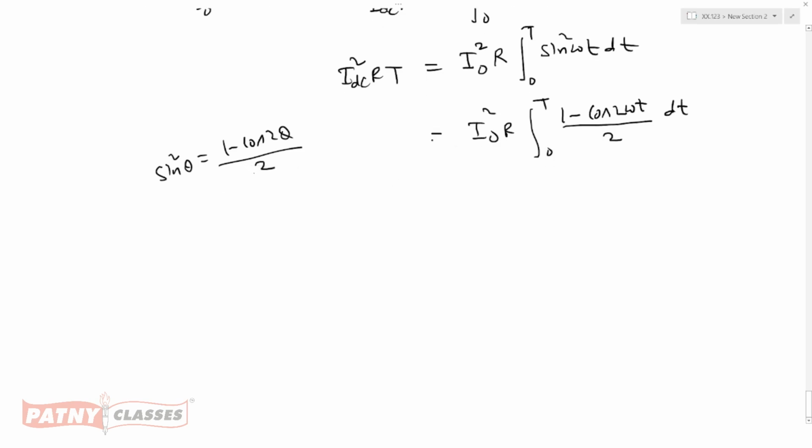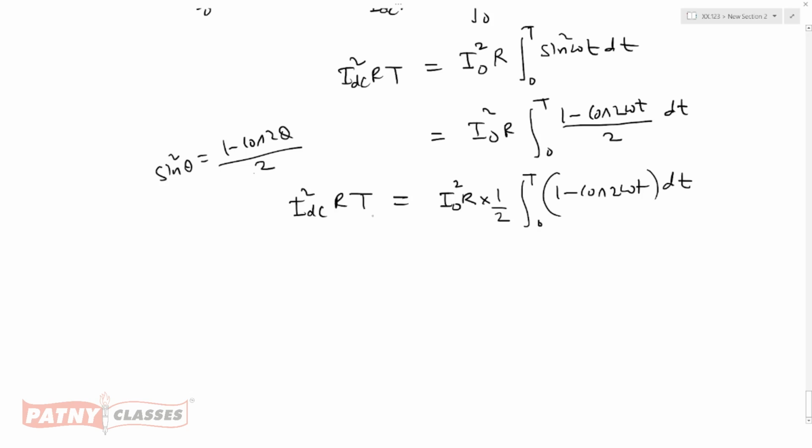So this equals I naught square R and 1 upon 2 taken outside, integration from 0 to T of 1 minus cos 2 omega t with respect to t. The left side is I dc square RT. Both sides R and R get cancelled.